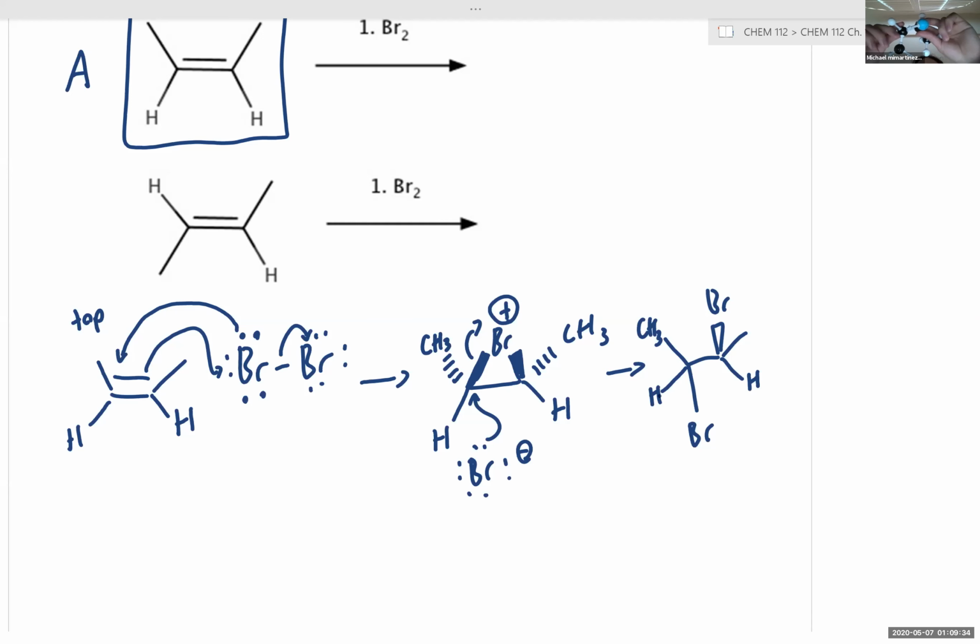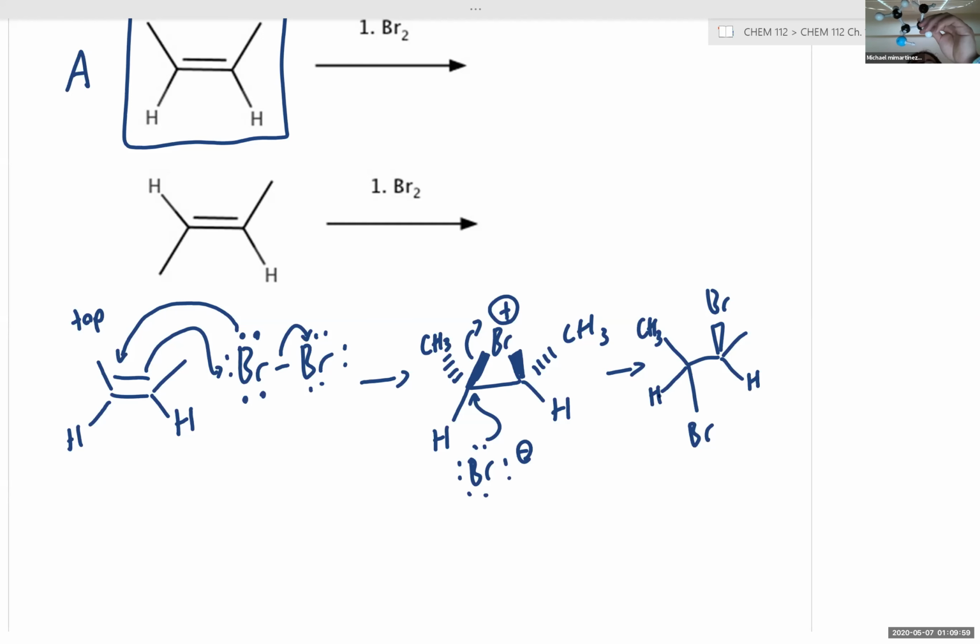Now, what we also notice, sorry, I had it oriented the wrong way. Okay, here we go. Both of our methyls are still quote unquote cis relative to each other.